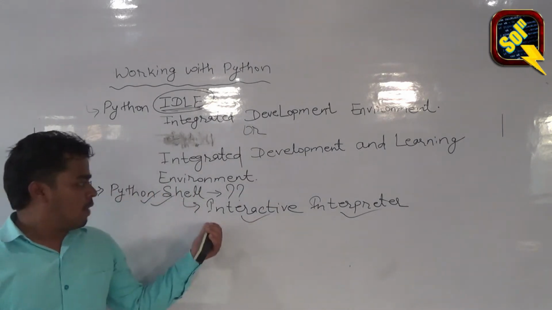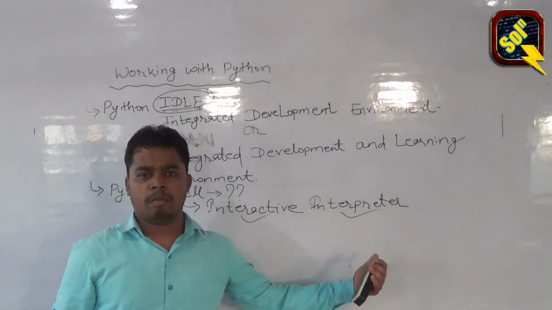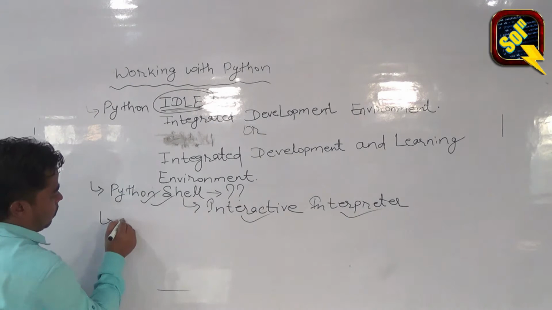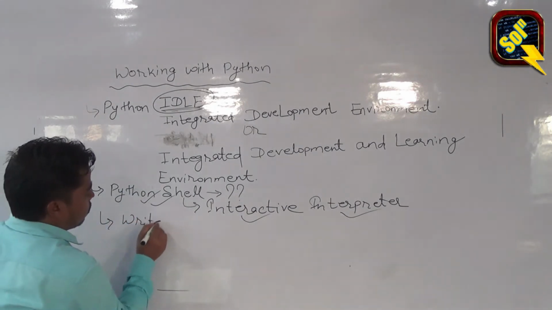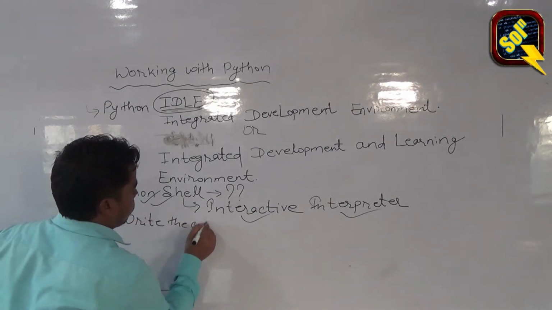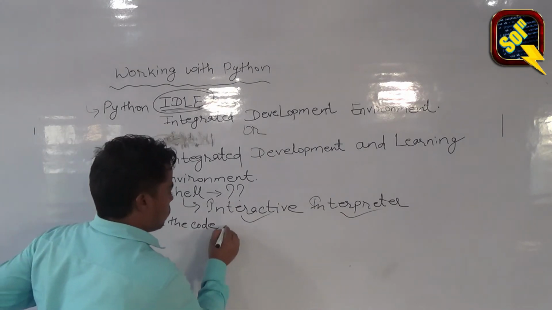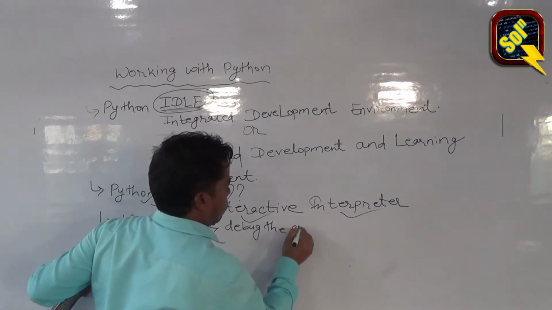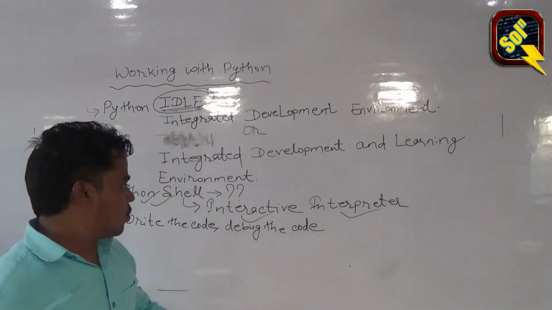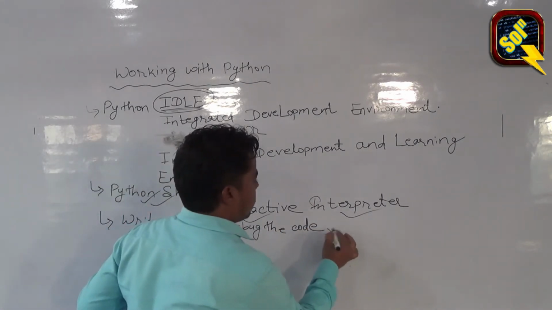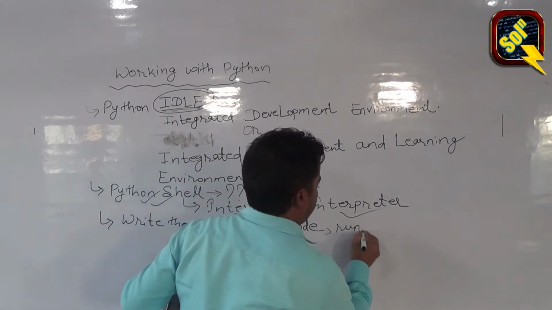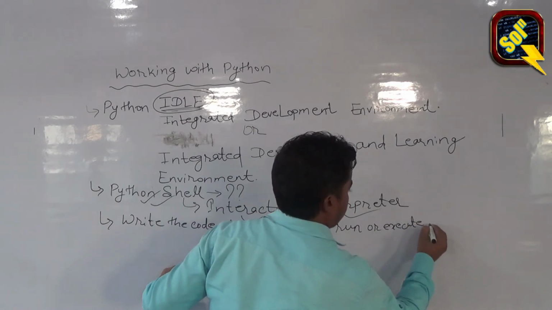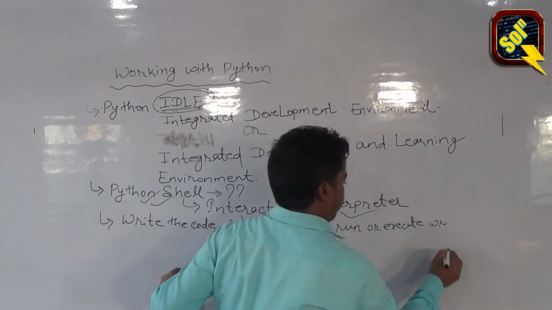Now, what will we do with the interactive interpreter? So this is used to write the code, also debug the code, as well as run or execute the written code.